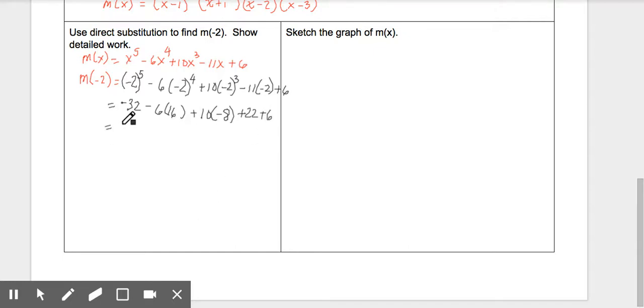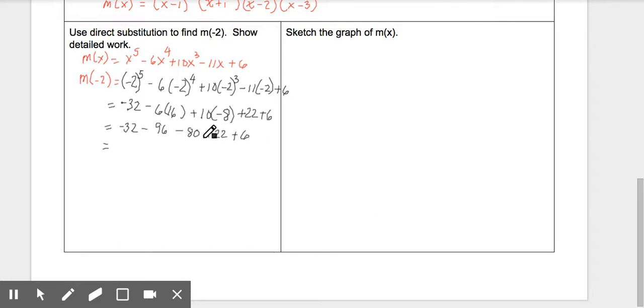Okay, so this becomes negative 32 minus 96 minus 80 plus 22 plus 6. Now we have 1, 2, 3 negatives, so we add all the negatives and then add all the positives.